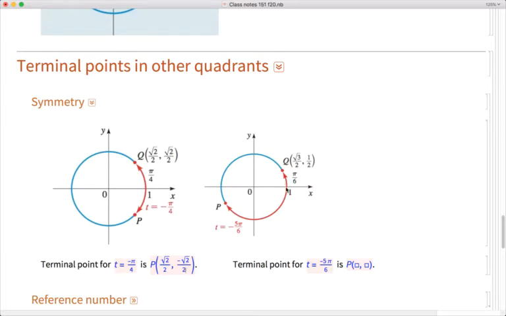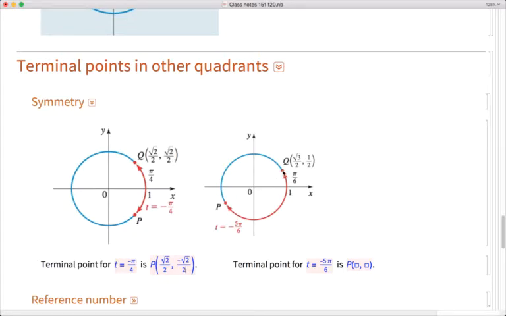And here's another example. If we travel pi over 6 in the counterclockwise direction, we'll wind up being exactly opposite to where we wind up if we travel negative 5 pi over 6 in the clockwise direction. Right? These two numbers, pi over 6 and 5 pi over 6, add up to pi.